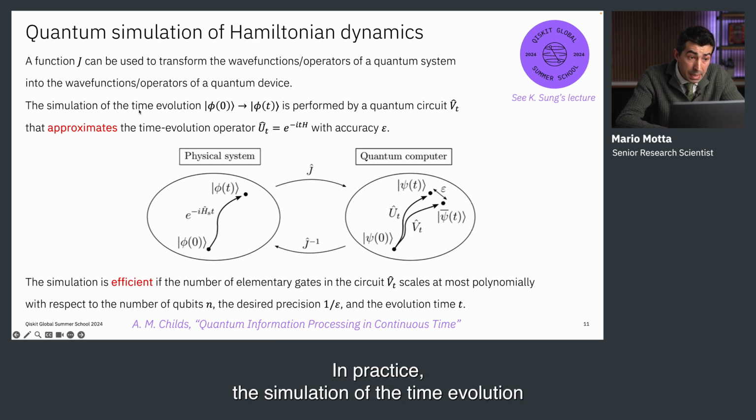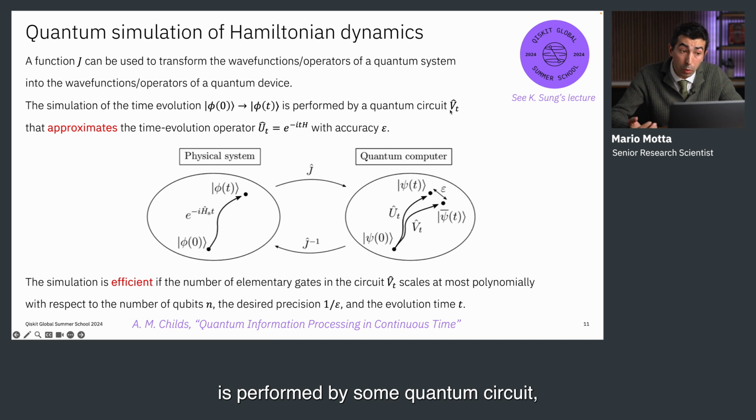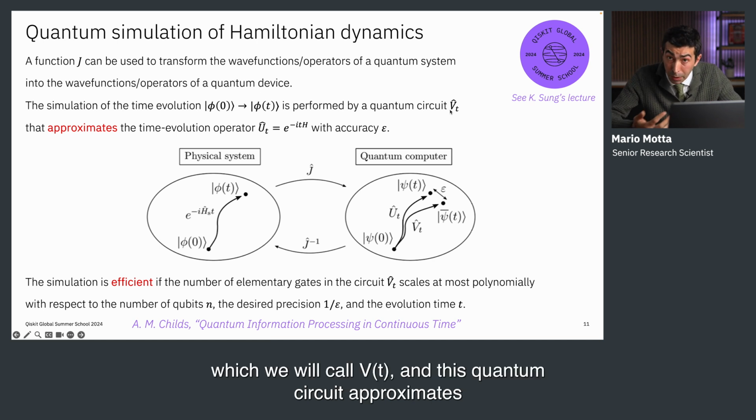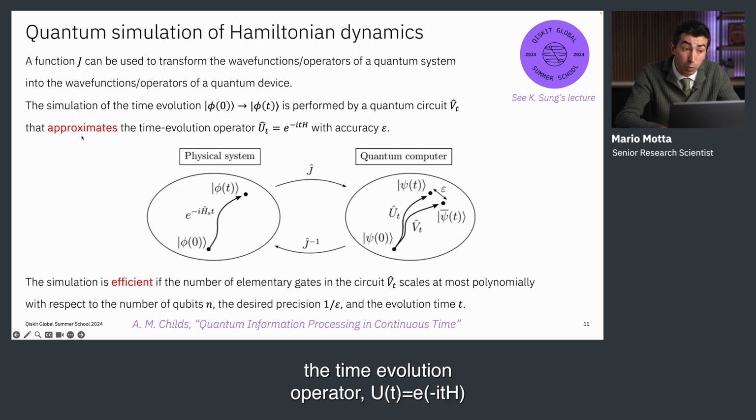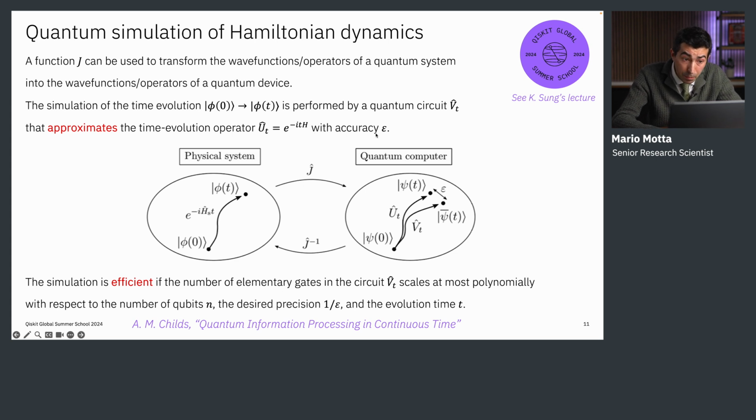In practice, the simulation of the time evolution is performed by some quantum circuit, which we will call V of t, and this quantum circuit approximates the time evolution operator U of t, e to the minus iHt, for a time-independent Hamiltonian with some accuracy epsilon.